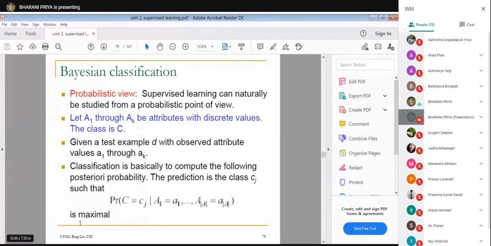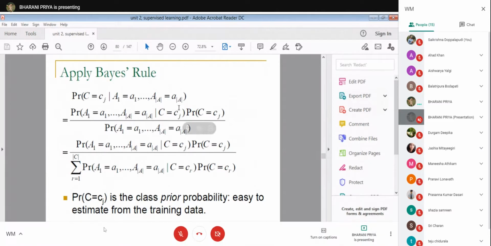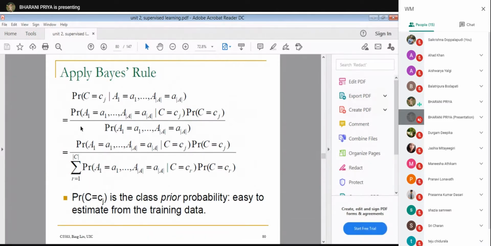Whichever class gets the maximum probability is assigned to the test example. So applying the Bayes rule, posterior probability is equal to conditional probability into prior probability by evidence.